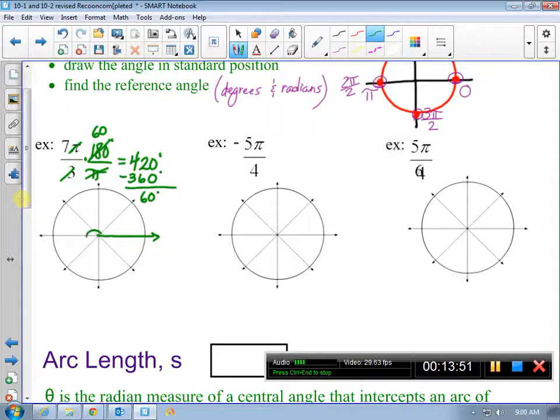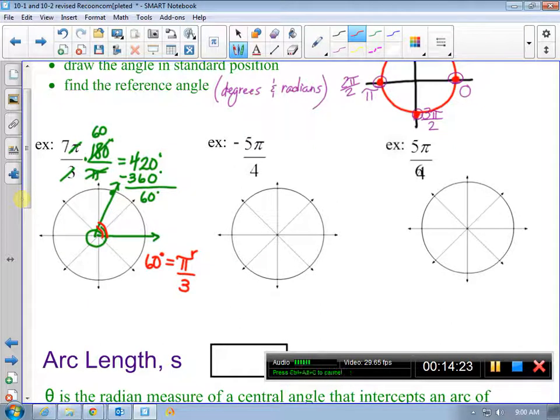That actually helps you with your reference angle, doesn't it? So if this hits here as its terminal side, then the reference angle is right in here. That reference angle is 60 degrees. And that is equivalent to pi over 3 radians.